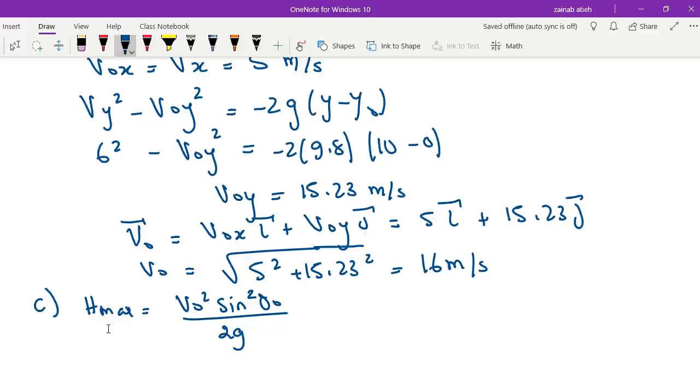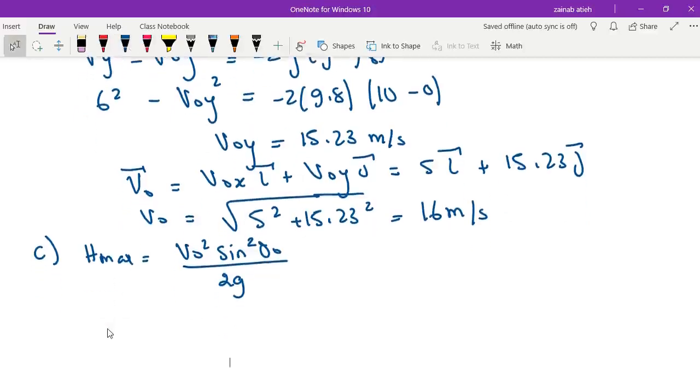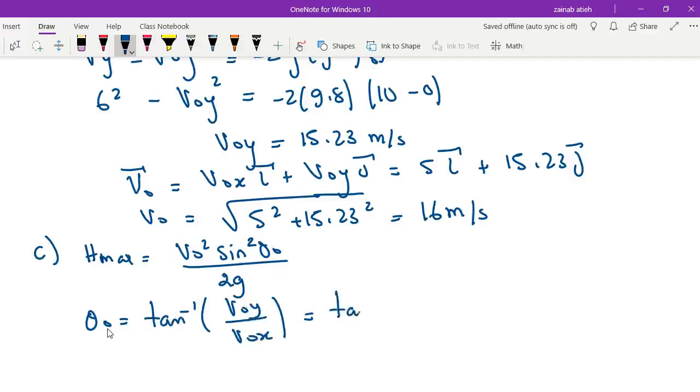So let's find first theta 0. How to find theta 0? We know that theta 0 it's equal to tangent minus 1 V0y over V0x. It's equal to tangent minus 1 and هي launching angle. Okay, theta 0 is the launching angle. It's 15.23 over 5.